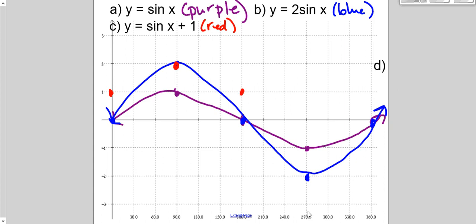And then at 270, it was at 0. And then at 360, it was back to 1. So if I connect these, I should have my sine graph that's been moved up 1. That's exactly what it is if you compare it to the purple.